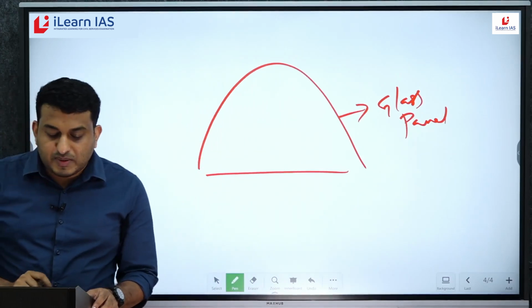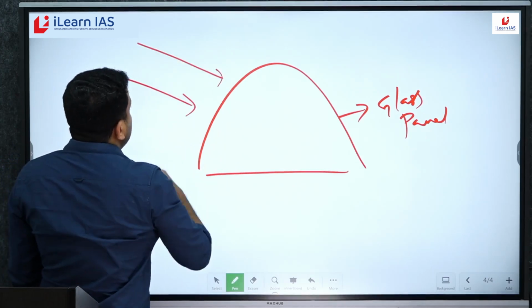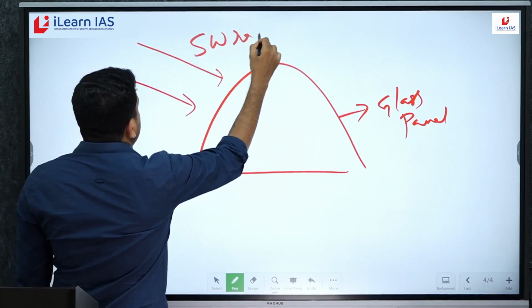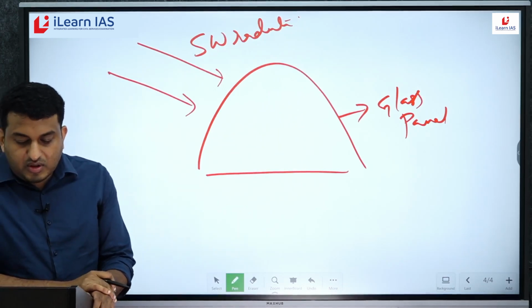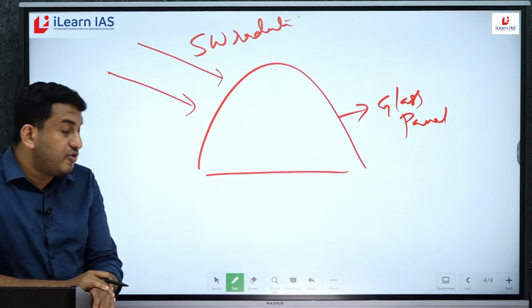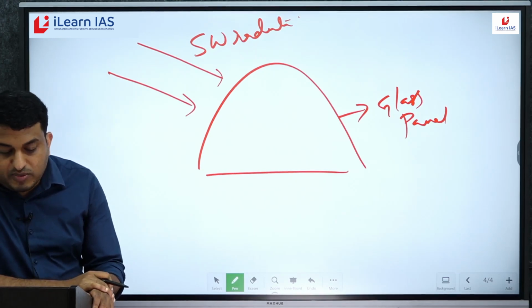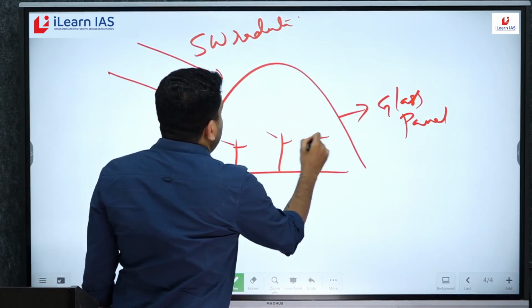So you have the short wave radiations. In temperate countries, for getting enough heat for plants, they put a glass panel.